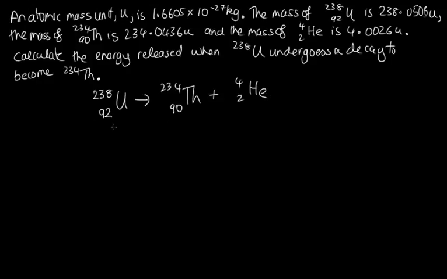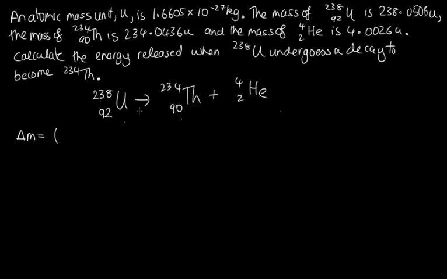Now we need to work out the mass of the left-hand side and the mass of the right-hand side, and the difference is the mass defect, and that mass defect is converted into energy. We know it's going to be a mass loss, so we'll write it as the initial mass minus the final mass, which gets rid of the negative sign so we end up with a positive answer.